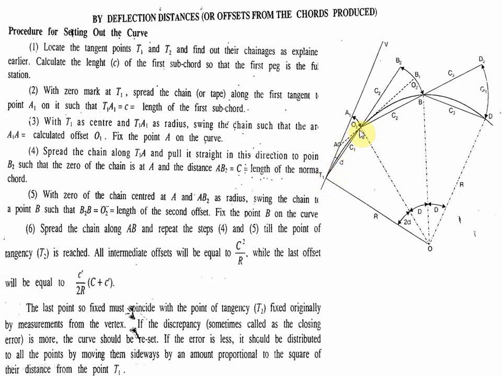Next pull that chain to mark B2, such that the length of AB2 is equal to C2, the normal chord.